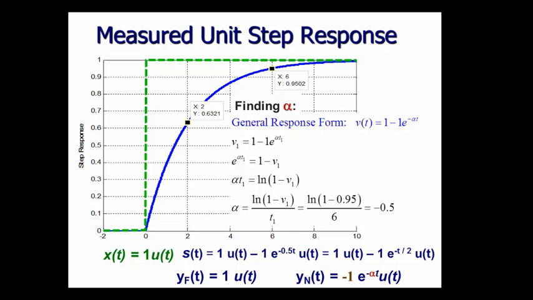Now, I cheated a little bit. I looked at this exponential, and it was a gamble that this shape was just one exponential. There could have been two in there with different time constants. It could be a combination.